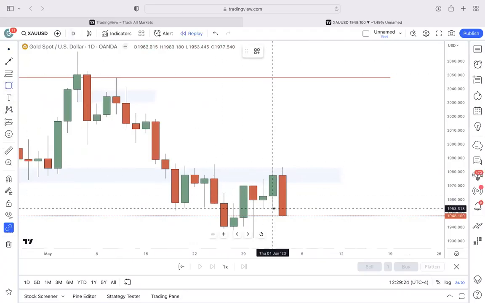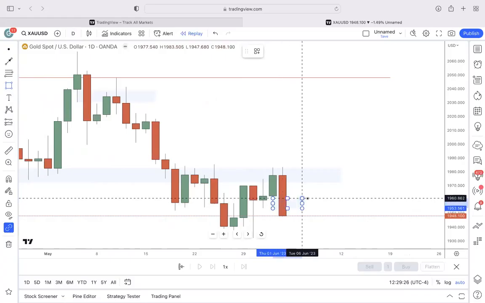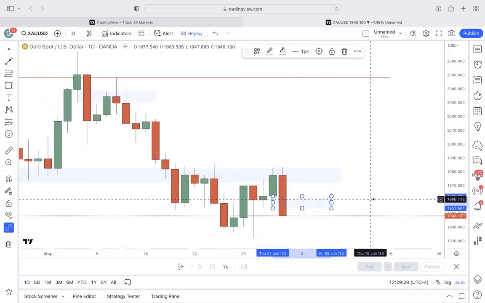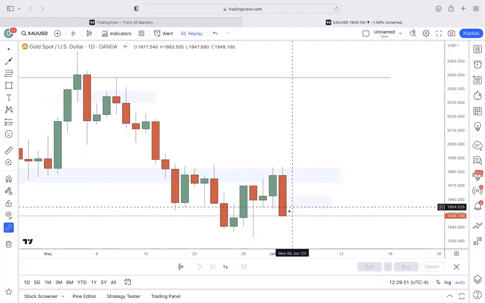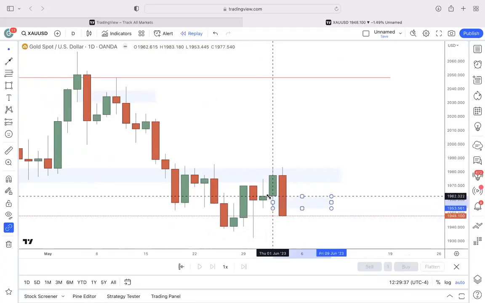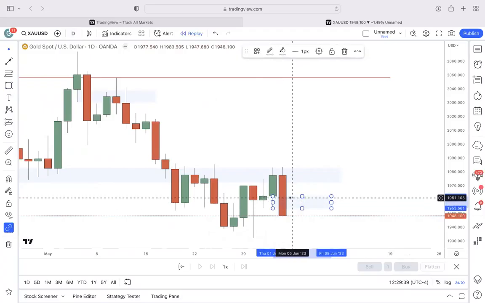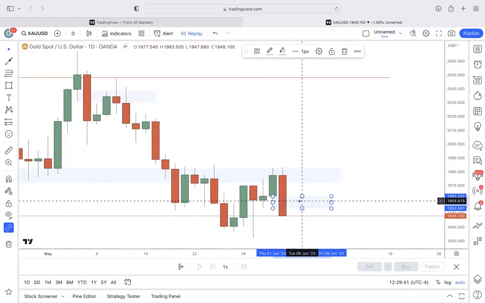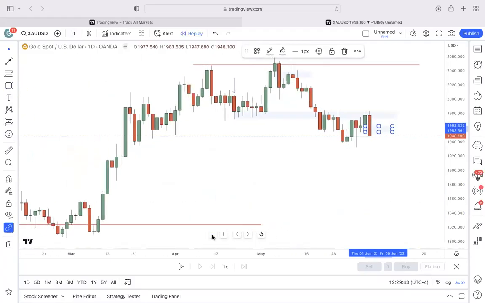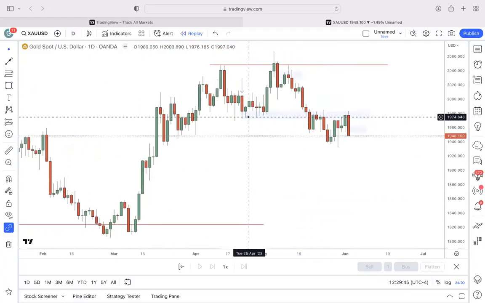So what am I going to do? Wick to body, extend it out in time. I would want the next candle to open, power of 3, open, high, find their high early next week inside of here, and then continue lower.